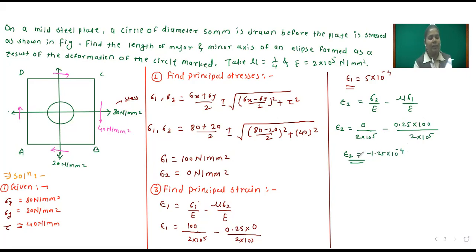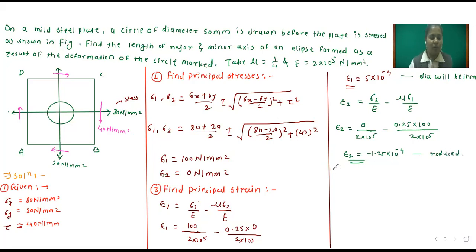Now we got the values of principal strains. Okay, so this plus value indicates the diameter will be increased, and this minus value indicates the diameter is reduced.